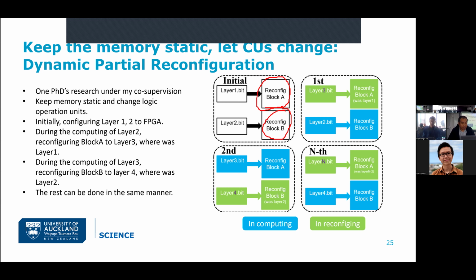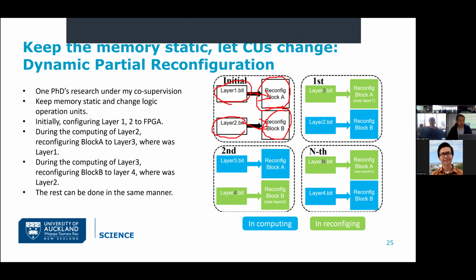For computation, here is roughly the design of this computation flow. The first step, at the very beginning, we configure the computing units. This is the layer 1 computing unit, and this is the layer 2 one. We simply program those parts.